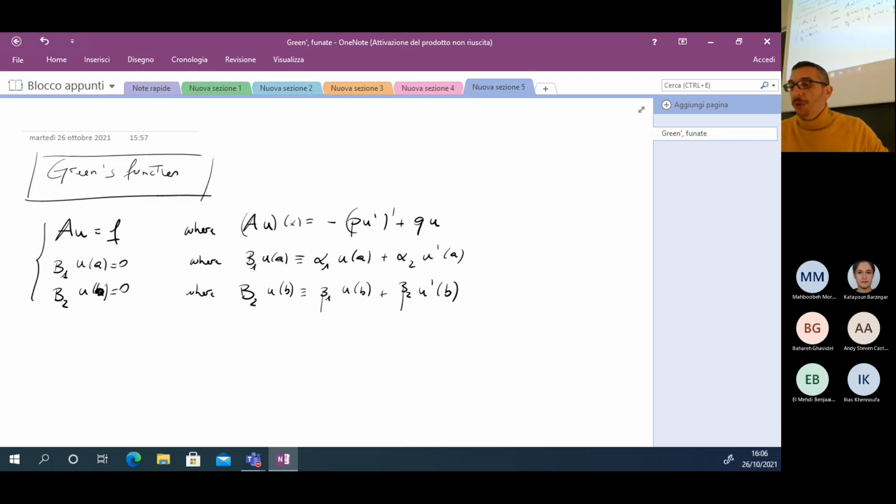The funny thing is that usually what you find, and what you will also find in the book by Logan, is that you can condense the notation even more.